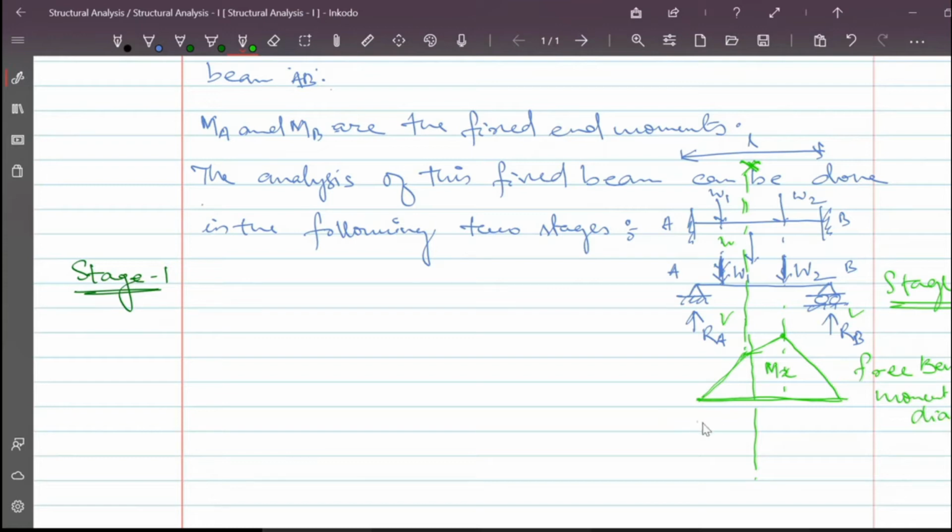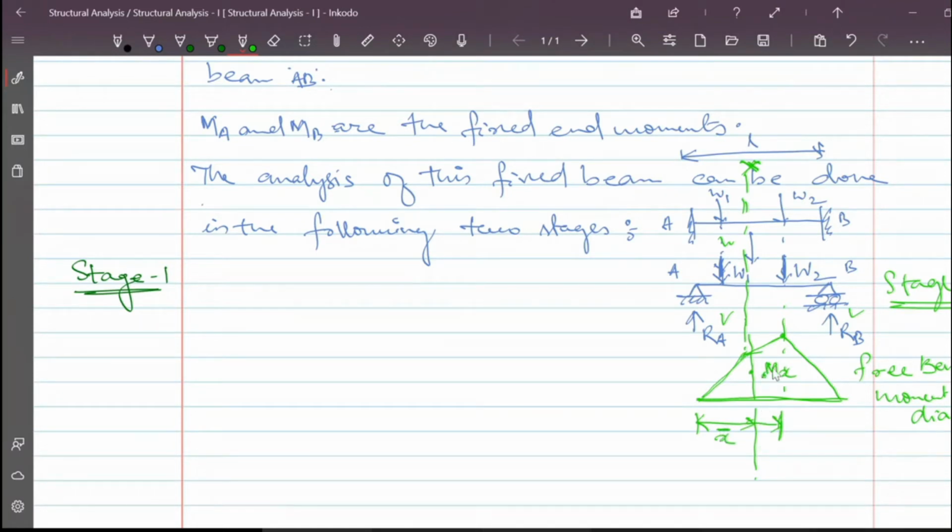Okay, so this section X is at a distance of X bar. The CG of this one, sorry, not here. The CG is at a distance of X bar.